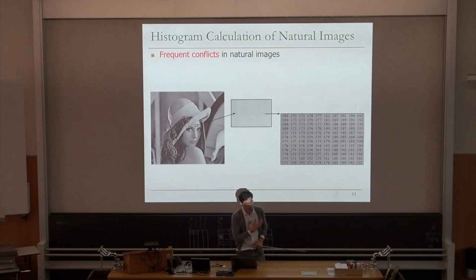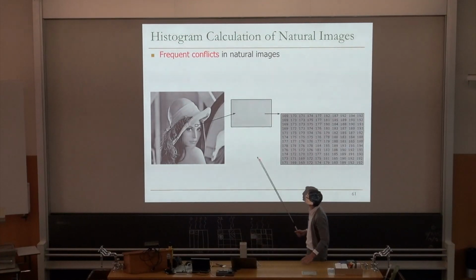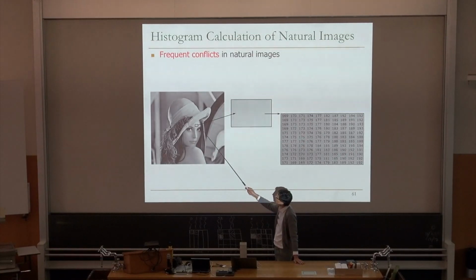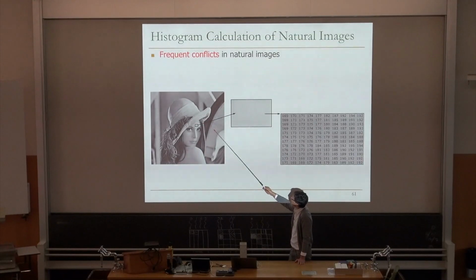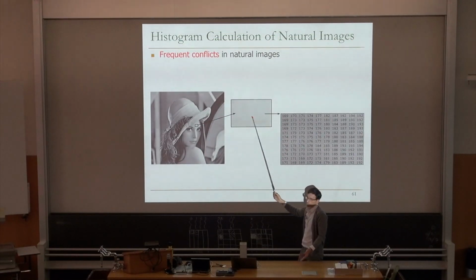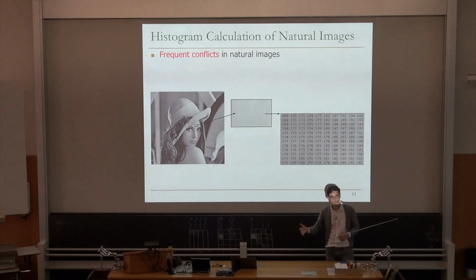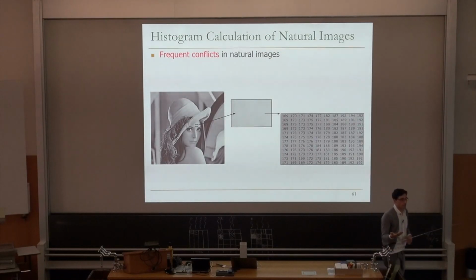These conflicts are going to be very frequent in image processing. For example, when we want to calculate the histogram of natural images, real images, observe that if you look at this tile of pixels from the forehead of this woman, because life is like that, consecutive pixels tend to have very similar values.